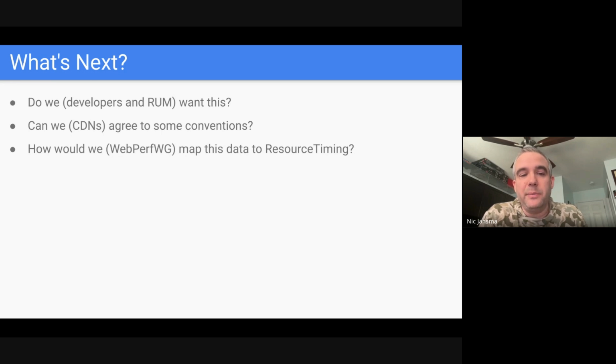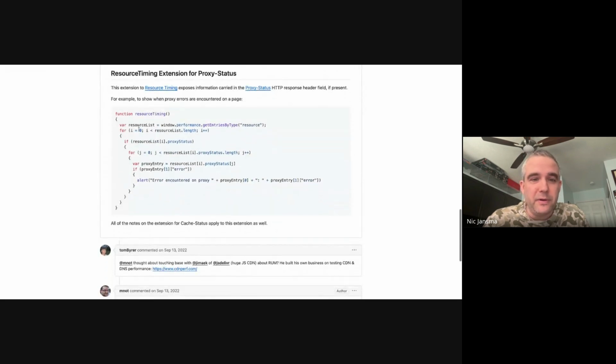And then the third question would be, assuming the above are true, or at least one of them is true, how would we, in the WebPerf working group sense, want to map this data to Resource Timing? Does it come in through fetch? Does it come in through Resource Timing? I think the example from Mark is that if you're getting your resource timing, then there's just a proxy status or a cache status attribute on the resource list, right?